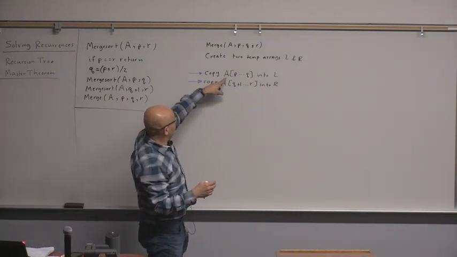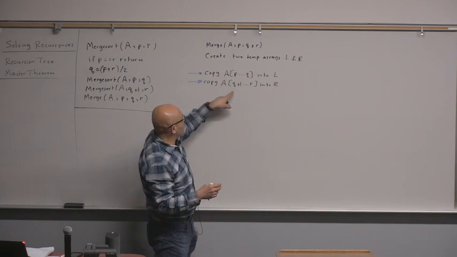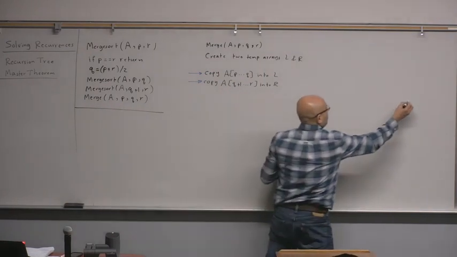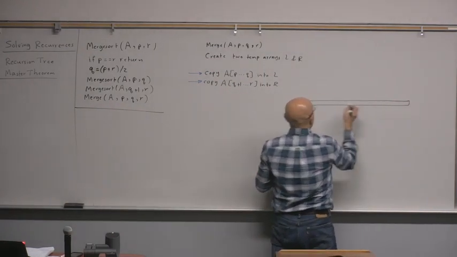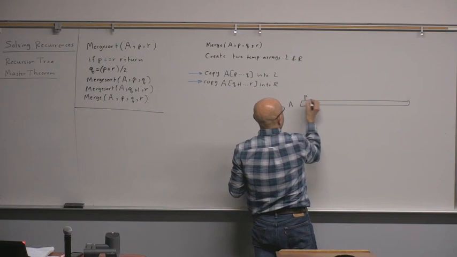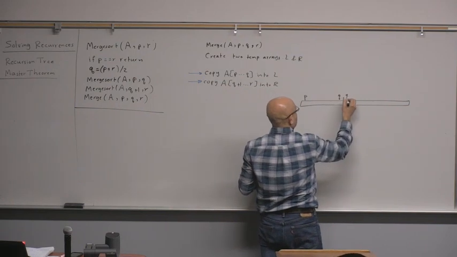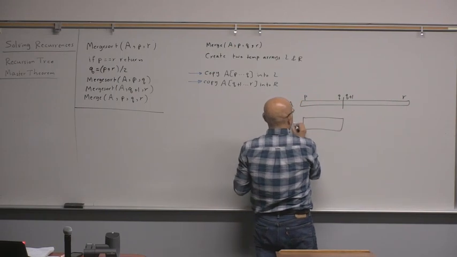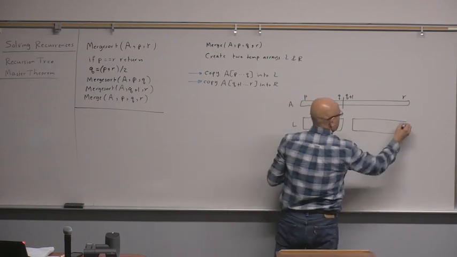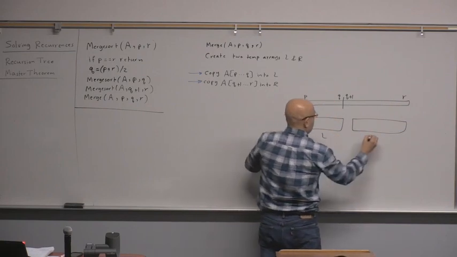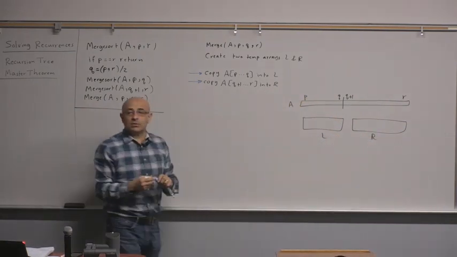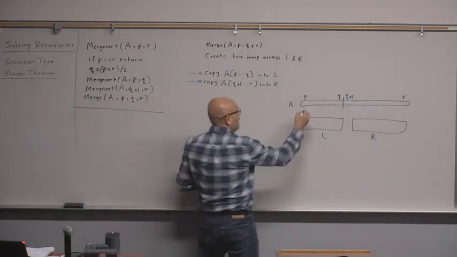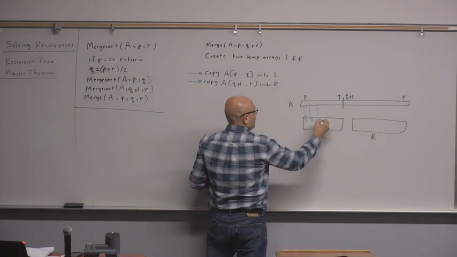But we need to copy A from P to Q into L and A from Q plus 1 to R into R. So this is A, this is P, this is Q, Q plus 1, and this is R, and this is L, and this is R. So basically, the pseudocode that we wrote last time was missing these two lines, that we have to actually do this copying.